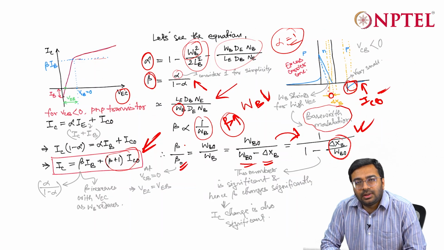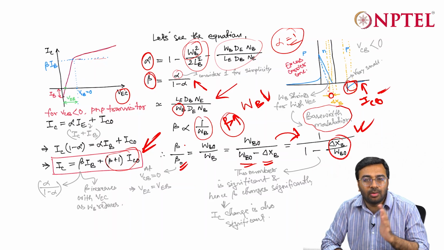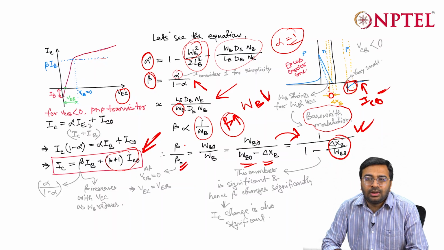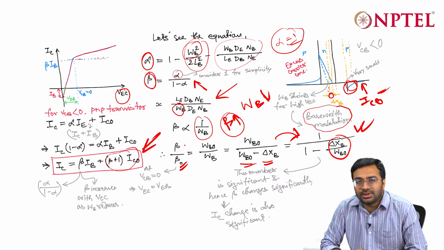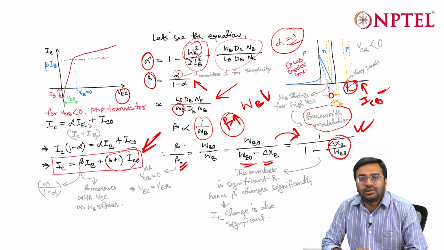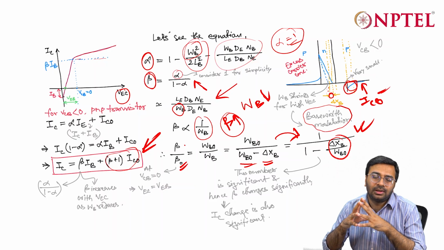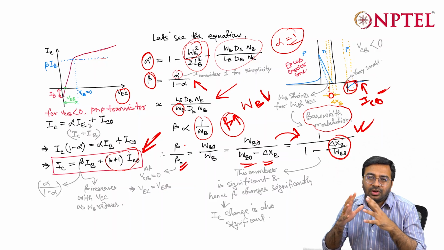So we have seen BJT circuits in this lecture, 3 different types of BJT circuits: common collector, common emitter, common base, the configuration of these BJT circuits, and then we have seen what the BJT output characteristics look like, and what the 3 different regions associated with those output characteristics are.